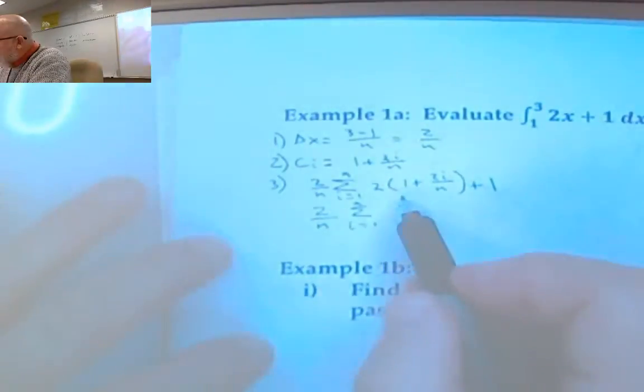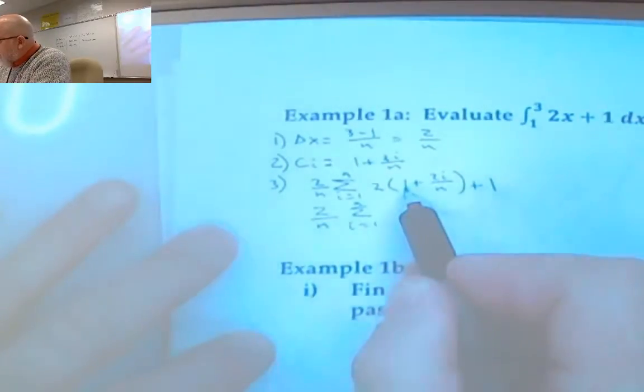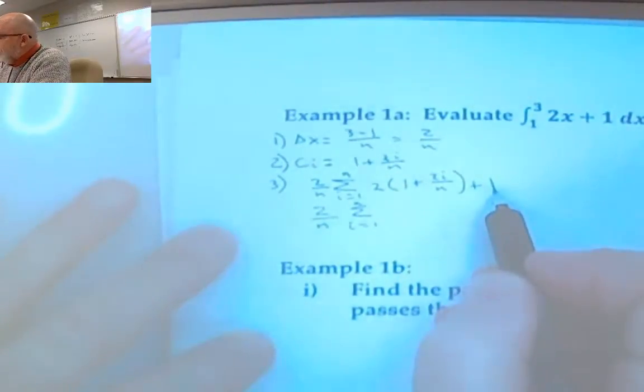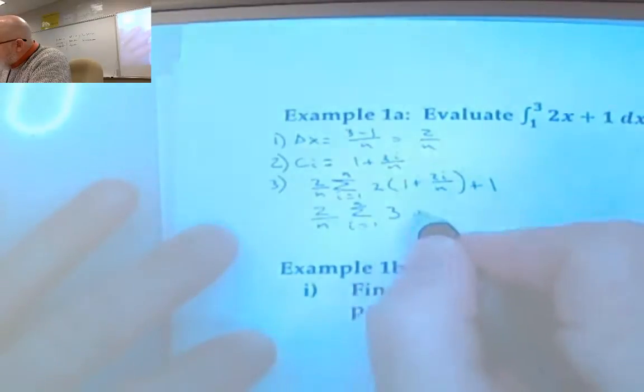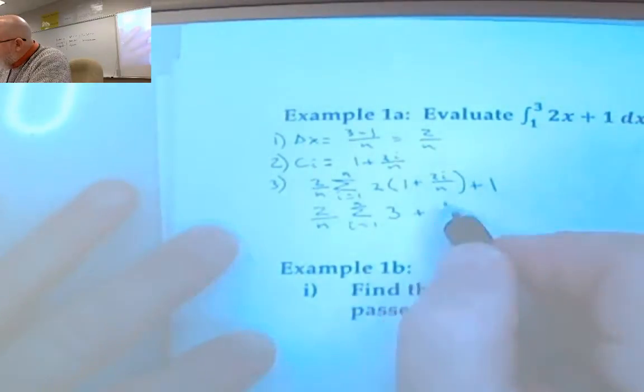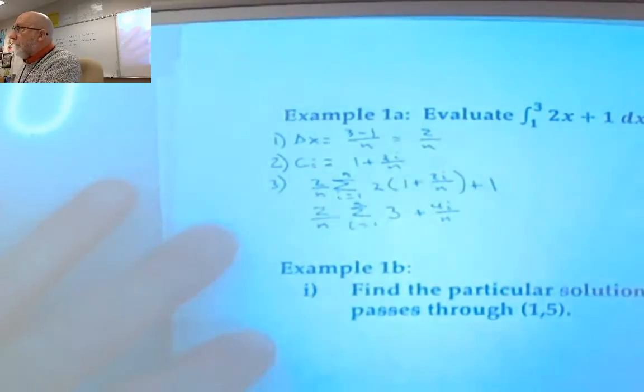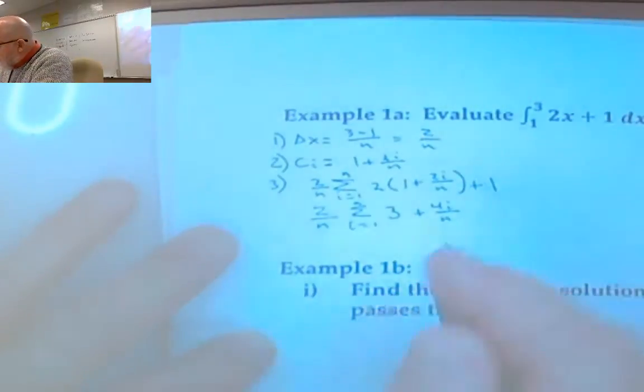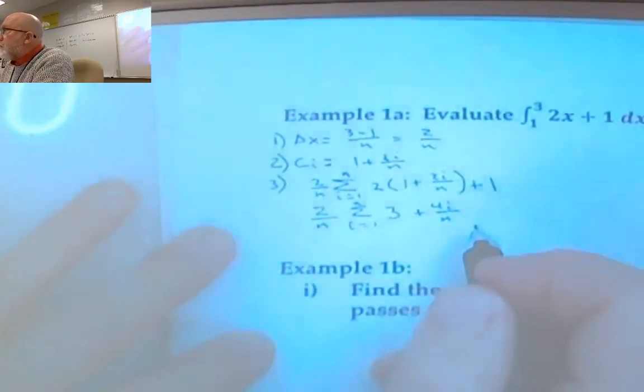And sorry, I'm going to do a few things in my head. Are you okay? 2 times 1 is 2, plus 1 is 3. Plus 2 times 2i is 4i over n. Are you okay with that? Yes? Okay. So I would break it into how many summations now? 2.